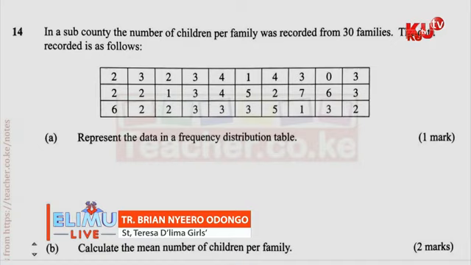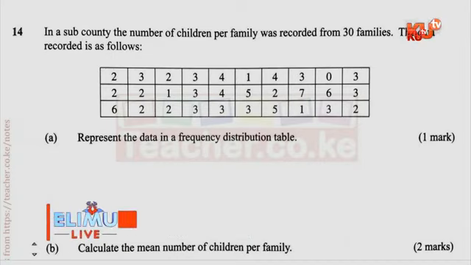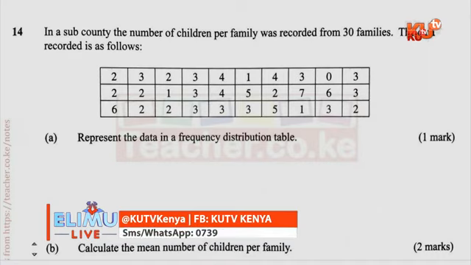So we'll have something of this sort. Remember that this data here is the number of children per family. So we'll have a small table of such type as our frequency distribution table. Here, we'll have the number of children.